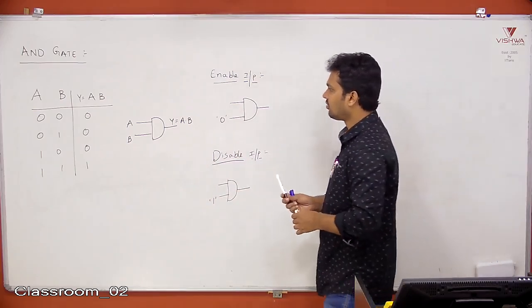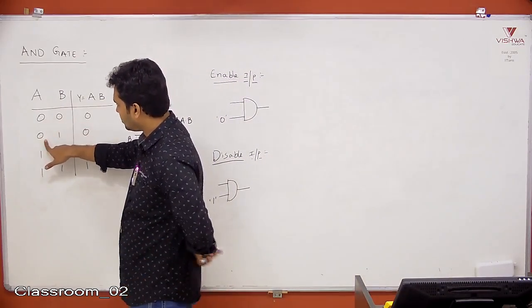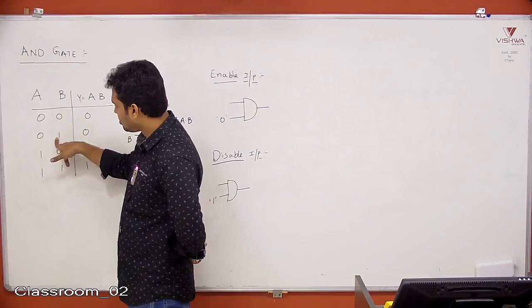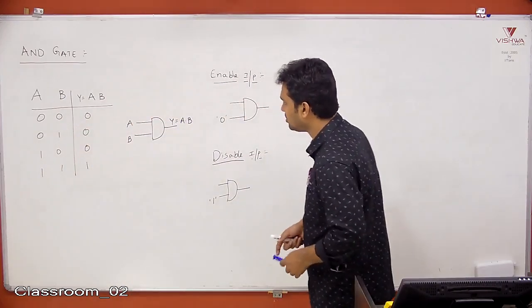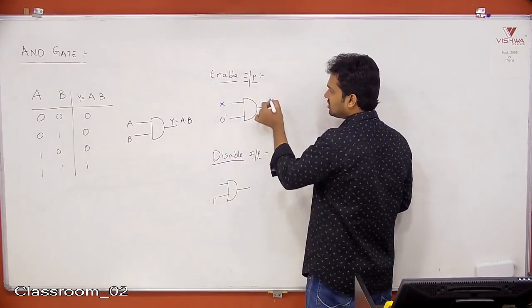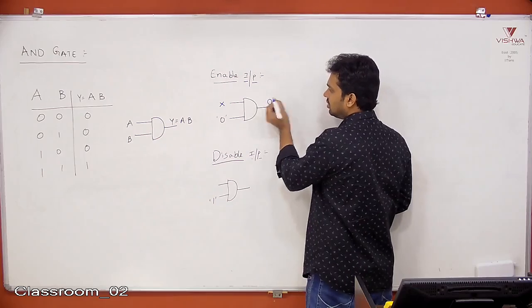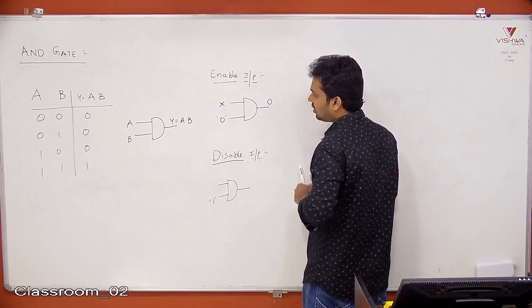If one of the inputs to the AND gate is 0, you see here one of the inputs to the AND gate is 0, other input is 0 or 1, it doesn't matter. What is my output? 0. So other input can be anything. What is my output? 0. We can say here it is not depending on the other input.